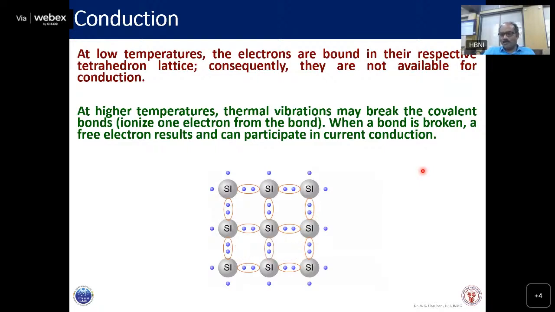But the number of free electrons will be very, very small. It is proportional to the temperature, following the Maxwell-Boltzmann statistics. As you go on increasing the temperature, the number of free electrons will go on increasing exponentially.